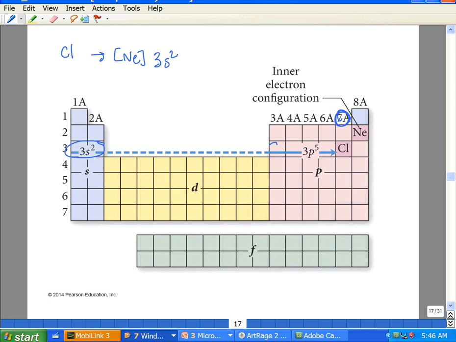When we start fooling around down here in the transition metals, let's pick one. Well, I'm gonna let you go ahead and write that, and then I'm gonna tell you something else here.